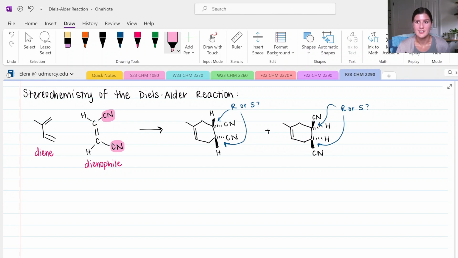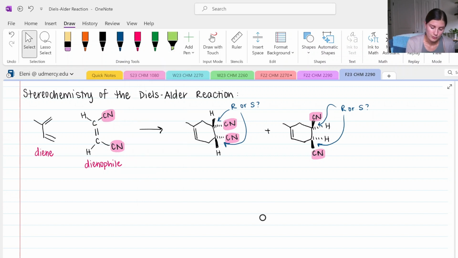Or we can say this is a Z alkene, where the higher priority groups are on the same side of the double bond for the dienophile. So that means the nitrile groups in the products are on the same type of bond. So they're both on the dash in the first example. They're both on the wedge in the second example.